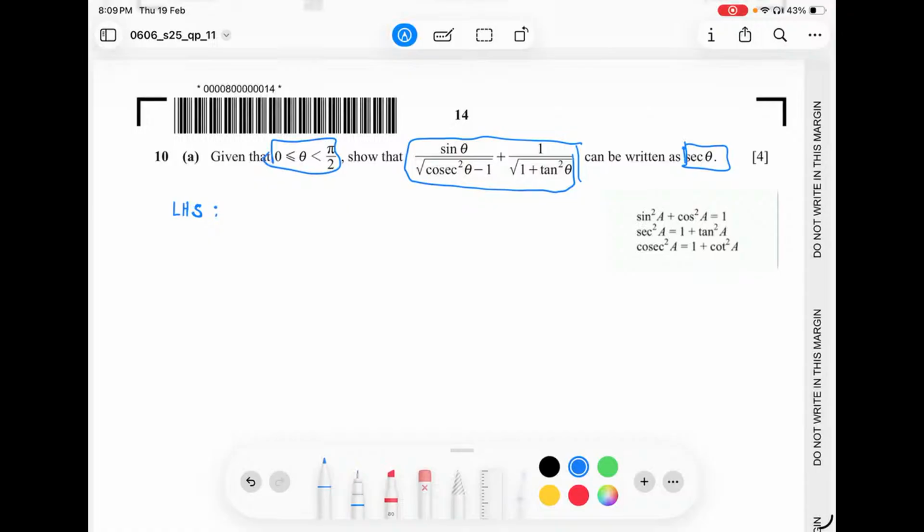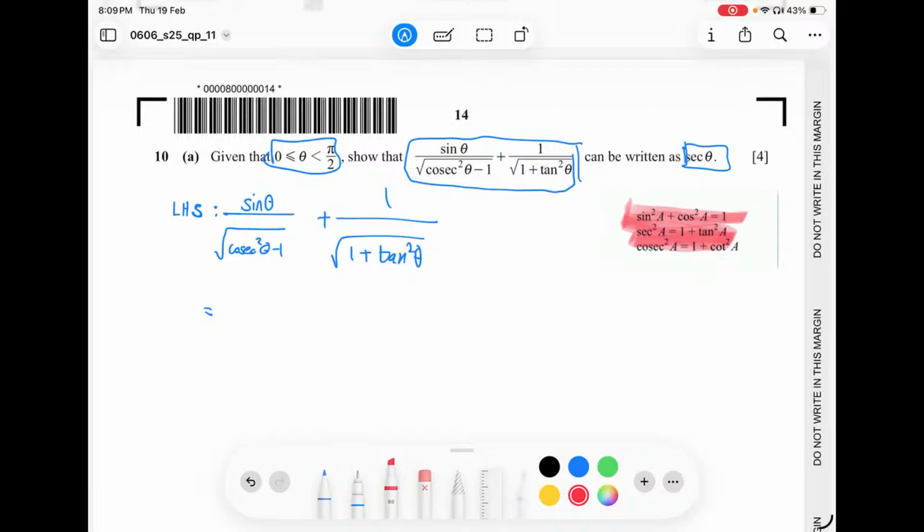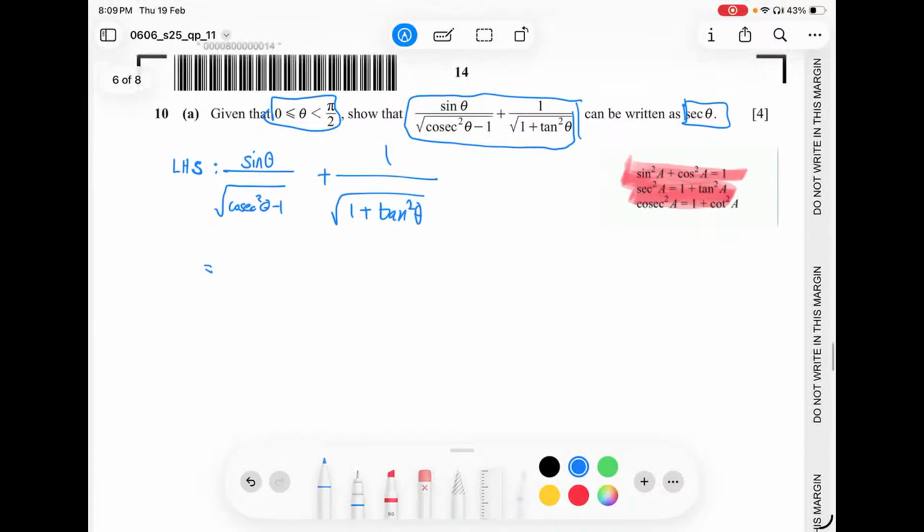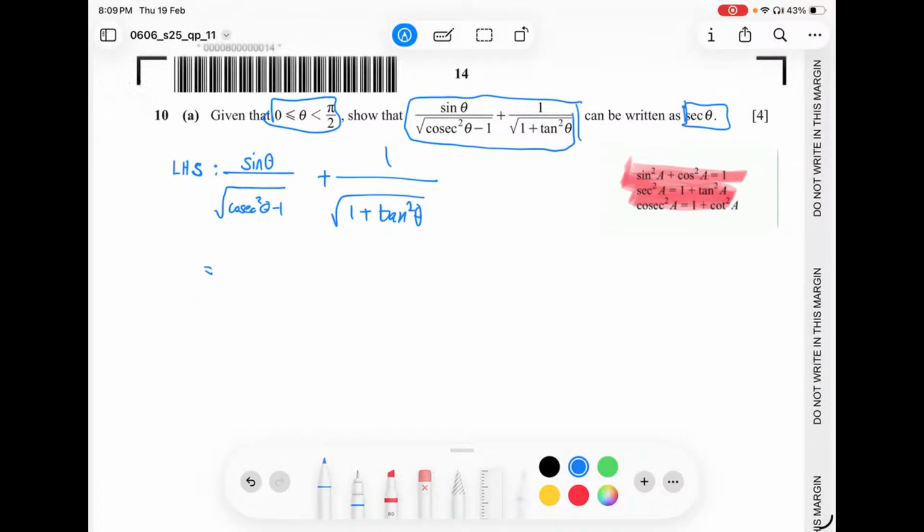So now let's take the LHS to be sine theta over root cosecant squared theta minus 1, plus 1 over 1 plus tan squared theta. I've just included the identities over here. You need to use these identities to prove something equal to something else in a trigonometric question. So here we have sine theta.